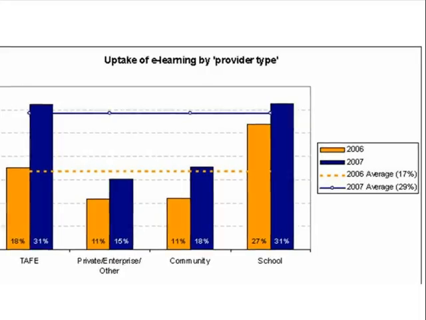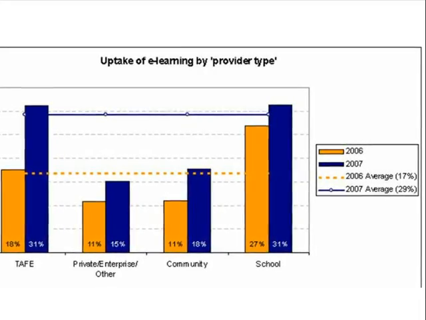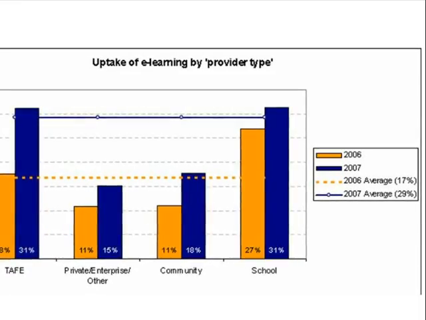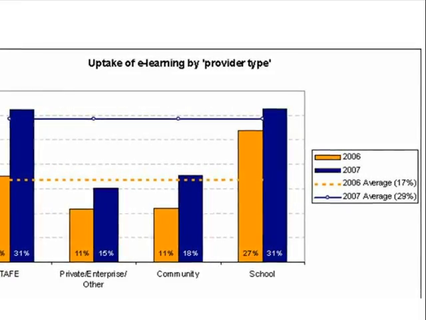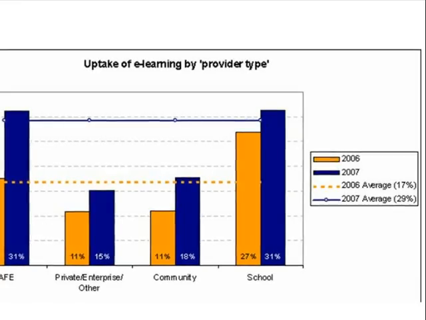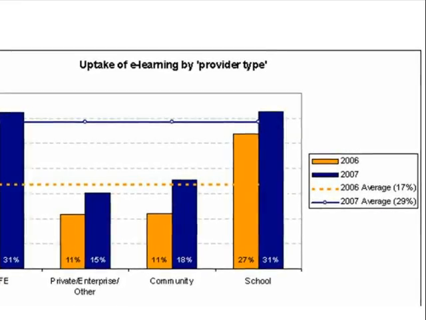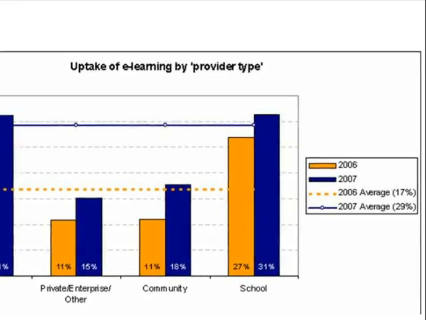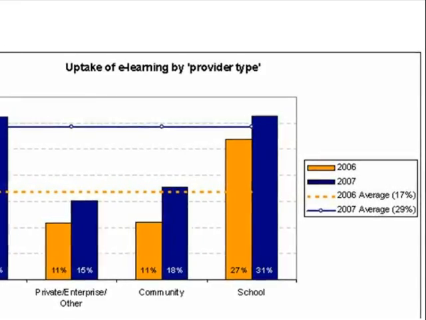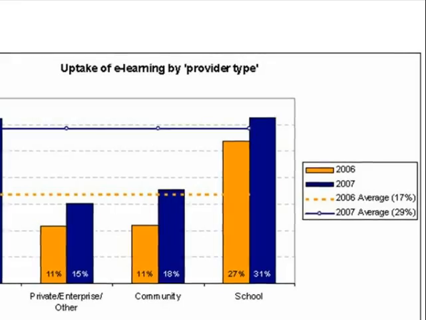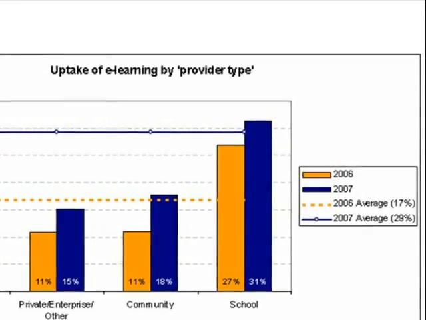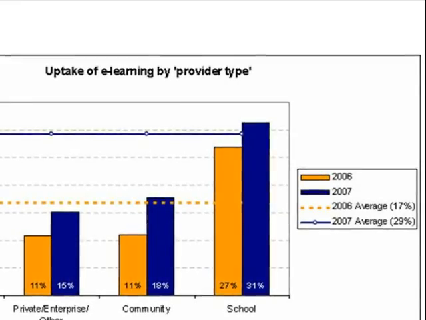The survey also shows that the distribution of the use of e-learning is not even, with greatest use being in TAFE colleges, that is government funded institutions, and the schools. Even within these organisations, it is now known that those organisations that adopt e-learning are continuing to increase their use, whereas those who have not continue to avoid the use of e-learning.